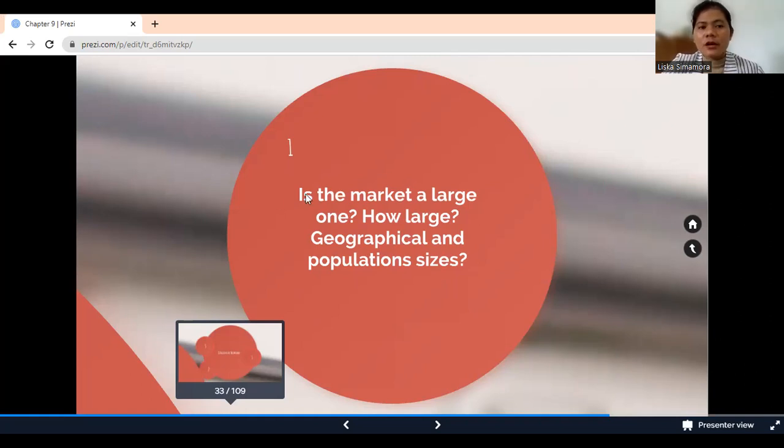So you want to identify, is the market a large one? How large is the geographical and population size? Okay, so you have to identify how many visitors are possible to come, let's say from that area and also from the outside area.